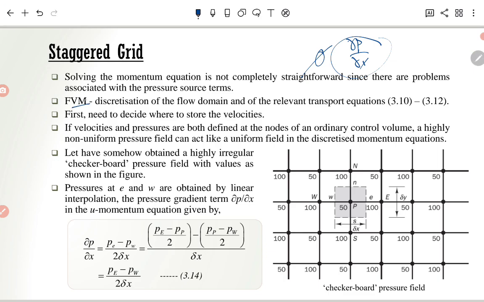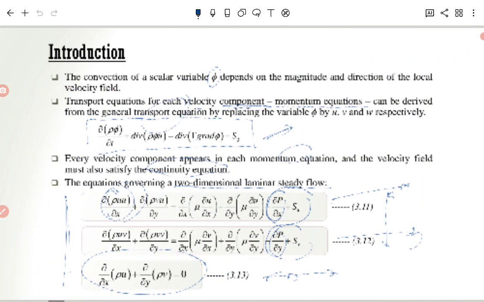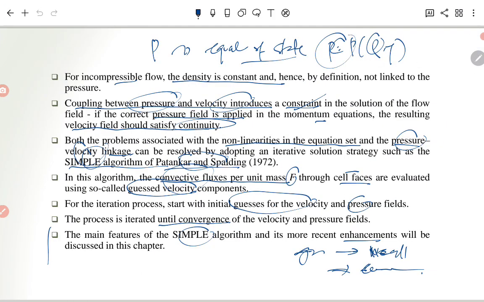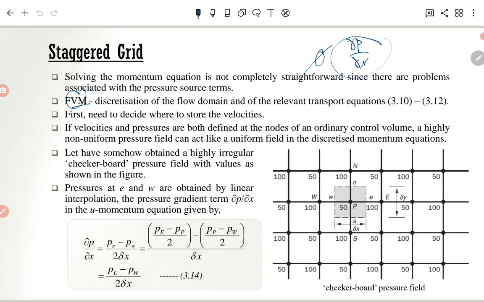So the finite volume method, as we discuss in the rest of the chapter, always discretizes the flow domain and the relevant transport equations, which are equations 11 to 13.